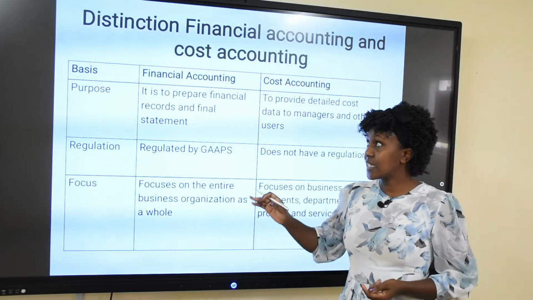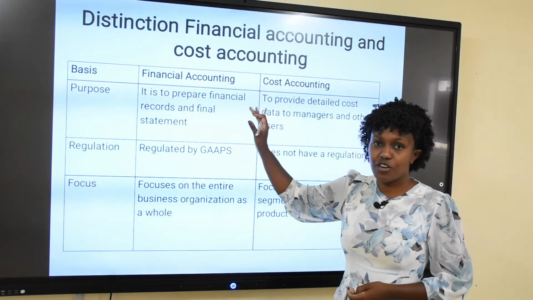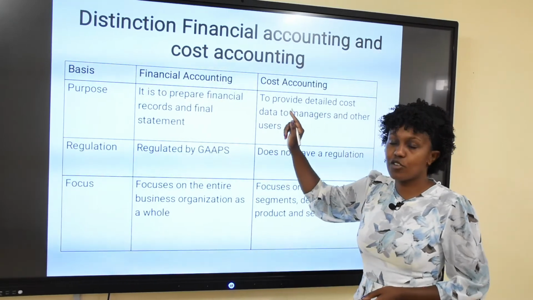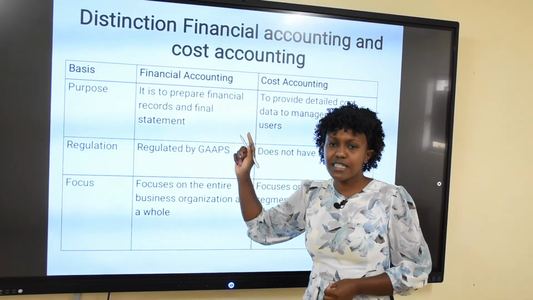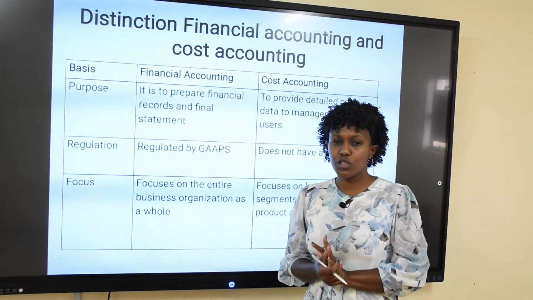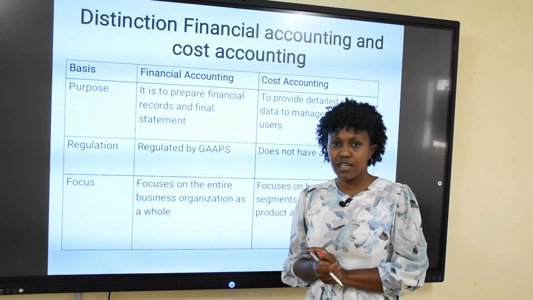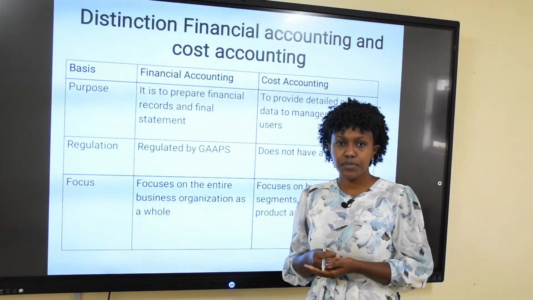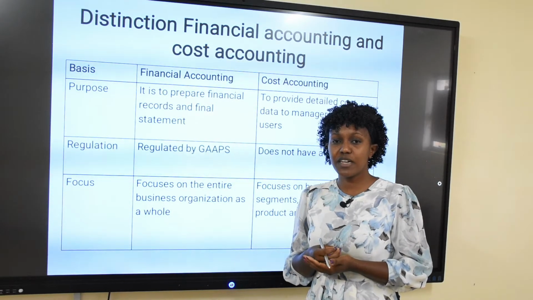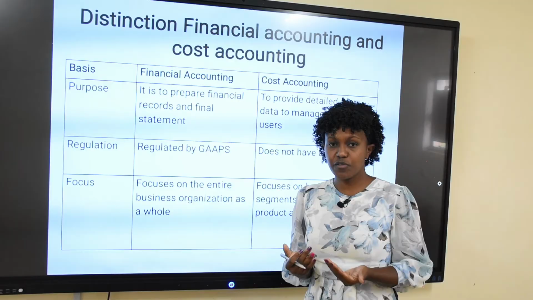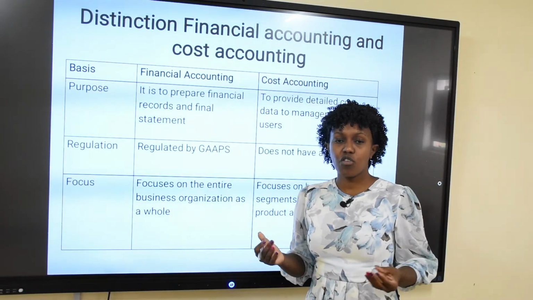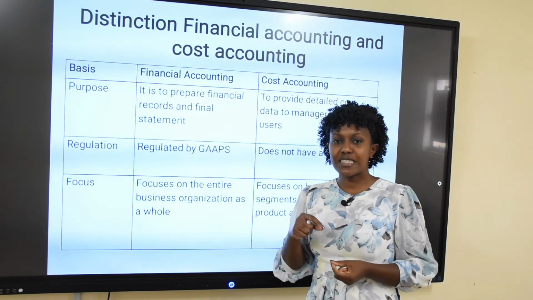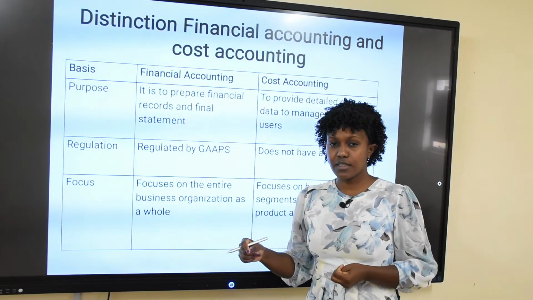So we are going to look at the distinction of financial accounting and cost accounting. Let's start first of all by defining what is financial accounting. Financial accounting is a branch of accounting that focuses on providing general purpose information about the whole organization to both the internal users and external users.